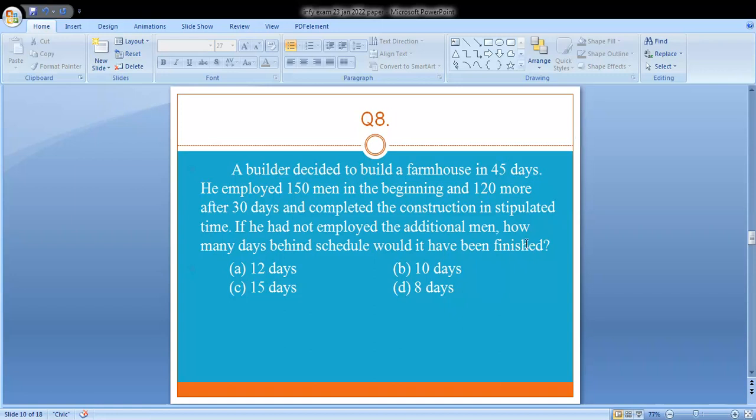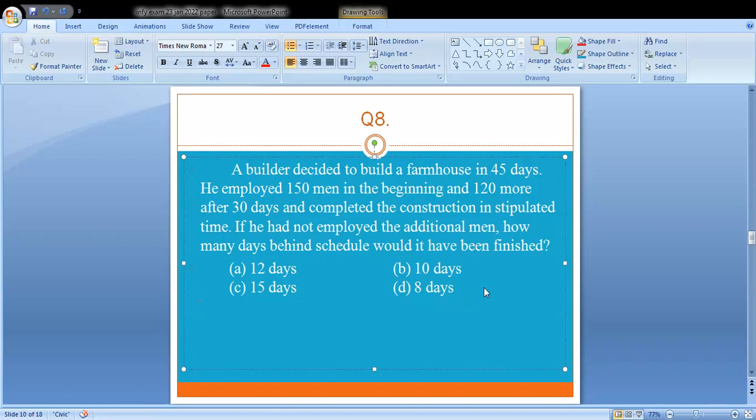He employed 150 men in the beginning, and 120 more men after 30 days of work, and completed the construction in the given 45 days. If he had not employed these additional 120 men, in how many days beyond the schedule would the work be finished? So, what is the first step for us? Let us check.